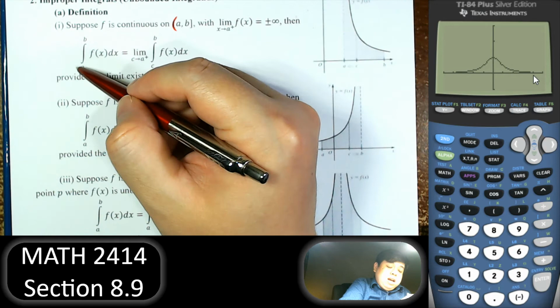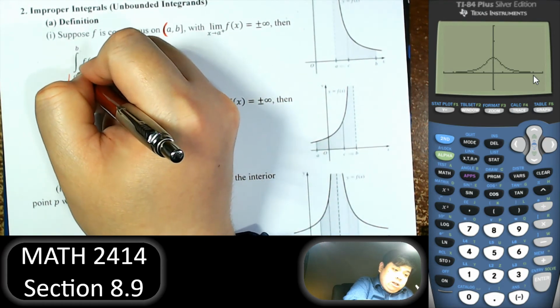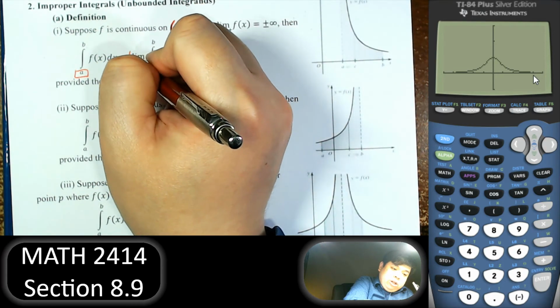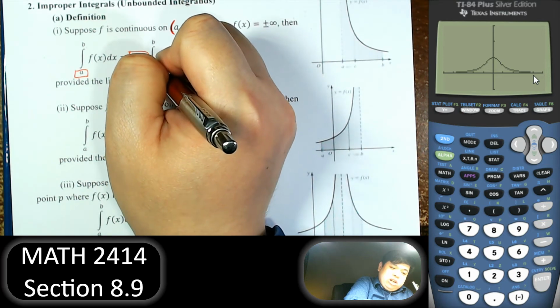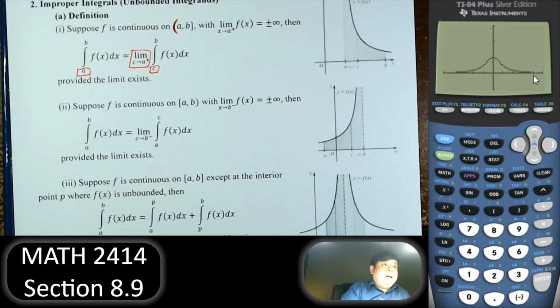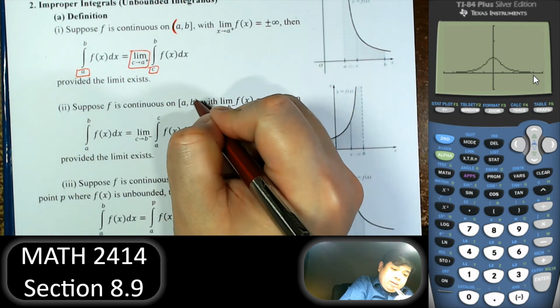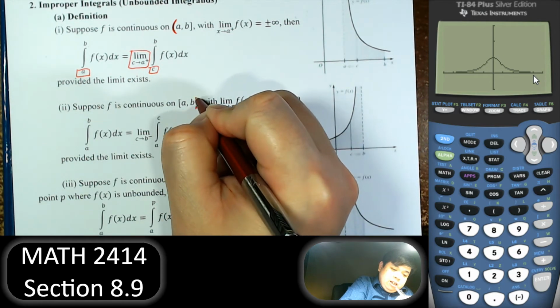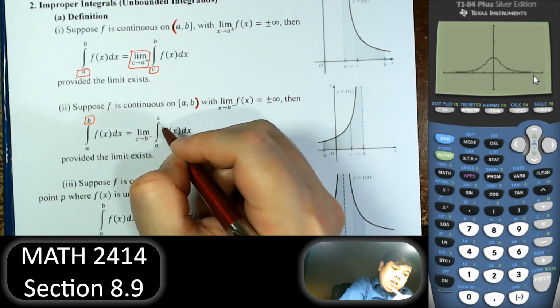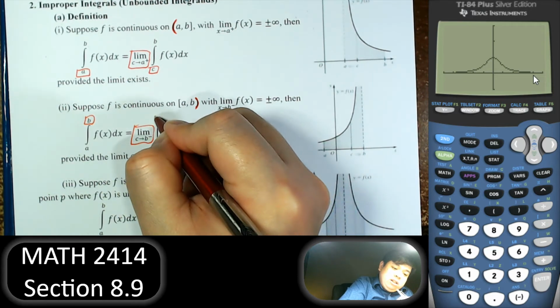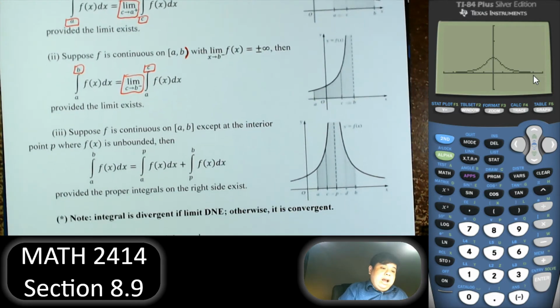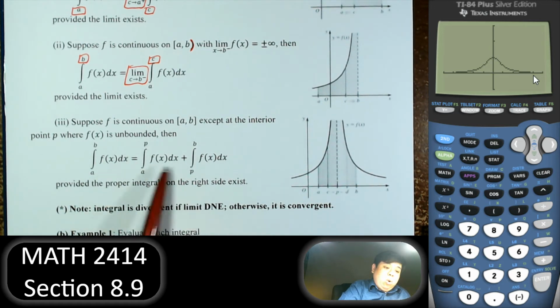So in that case, if there's a problem at a, we have to deal with that. Just make a change. If the problem is at b, if the function is undefined at b, change the limit to that. And if there's a problem anywhere in between, we have to split.